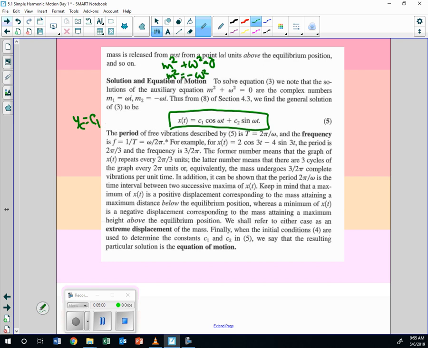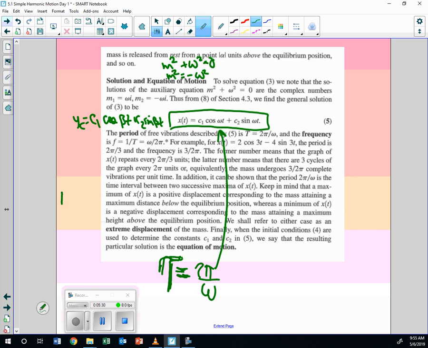y_c equals C1 cosine beta t plus C2 sine beta t. So we remember that. Two substitutions here, this omega, we can find the period, which is 2 pi over omega.